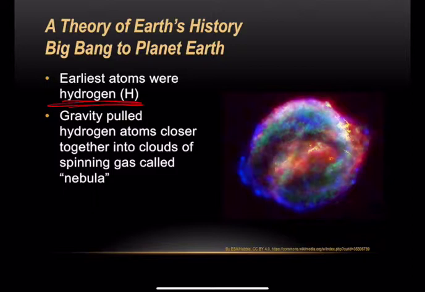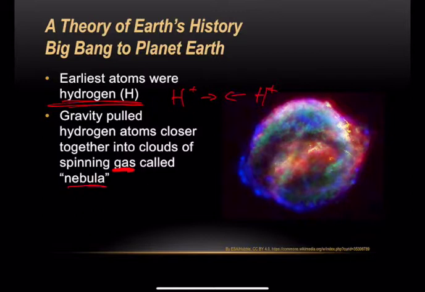So 2 hydrogens will pull each other towards one another through their own gravity. So gravity started pulling groups of the atoms together, and as they came closer, they became clouds of gas. Gas is anytime we've got elements that are close together and they're able to bounce off of each other, but they're far enough apart to not make a liquid or a solid, right?